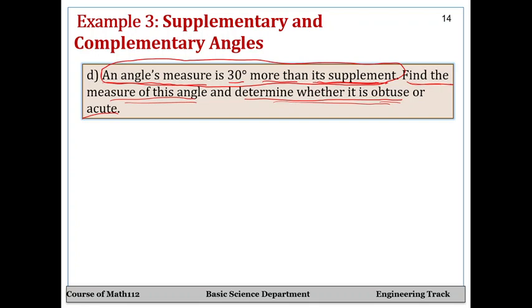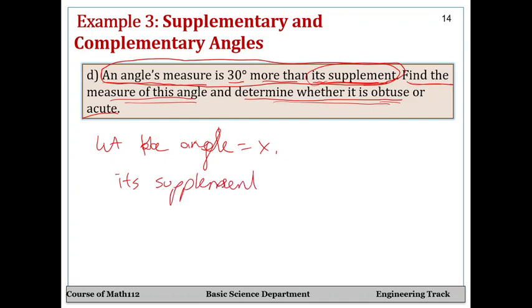So you can start by saying let our angle be equal to x. Then we will use its supplement. What is its supplement? If the angle is x, then its supplement will be the angle which completes x to 180.